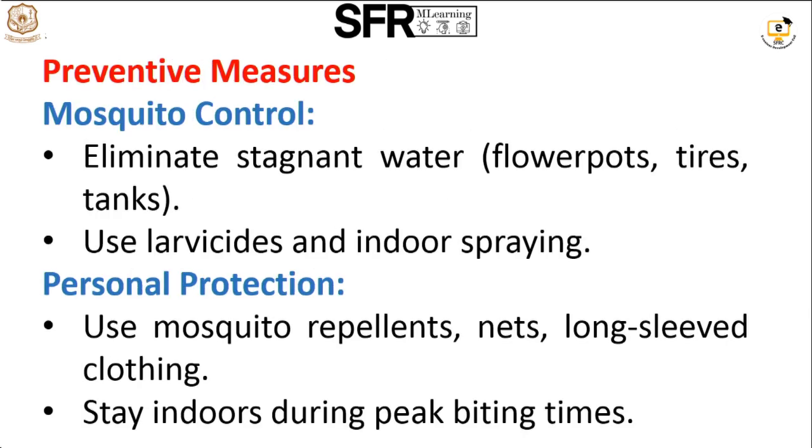So, what are the preventive measures against dengue? The first is to eliminate the mosquitoes by using larvicides or indoor spraying. Water is the main source for transmission of this virus, because mosquitoes lay eggs in water, and at the larval stage they can easily spread from one place to another.